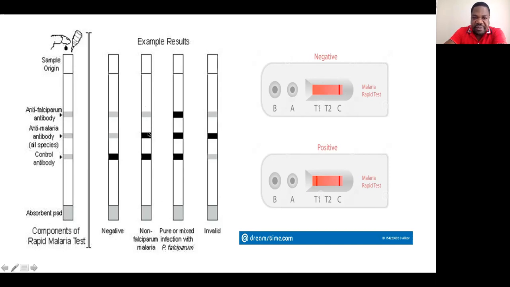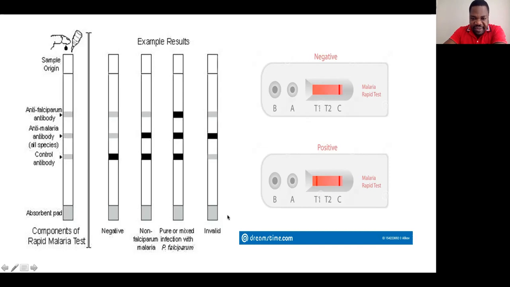So it's malaria that can be caused by other, non-falciparum species. But here you can see that your control worked. The test here for other species is positive, and for Plasmodium falciparum is also positive. So this is a mixed infection with different species of Plasmodium.